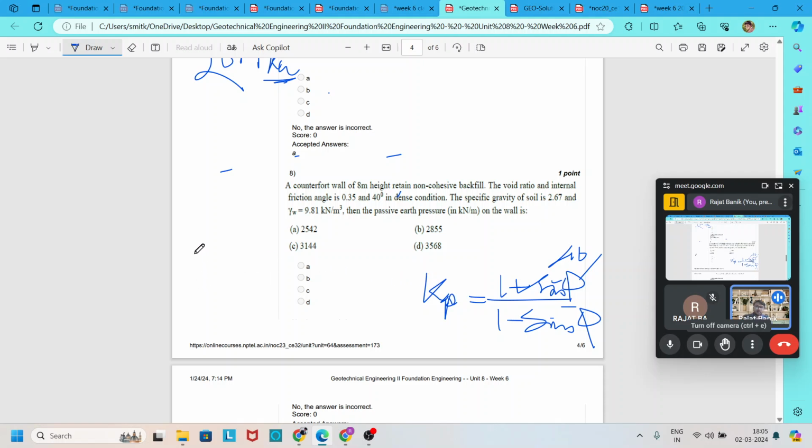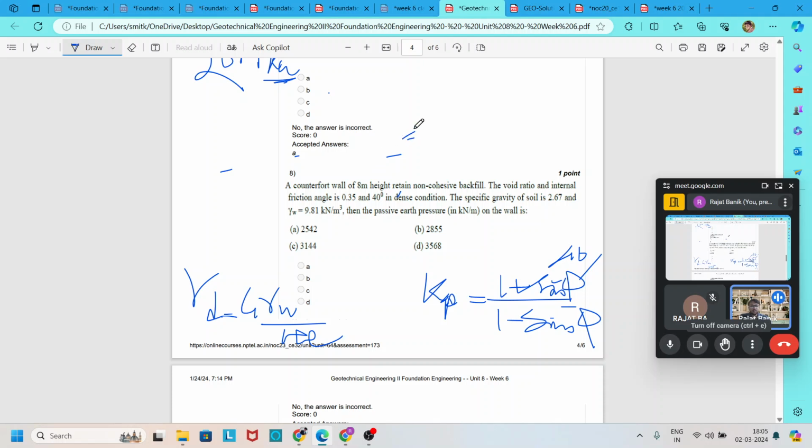After that, gamma d is equal to G gamma w divided by 1 plus e. Put G as 2.65, gamma w as 9.81, and e as 0.35, and we get gamma d.